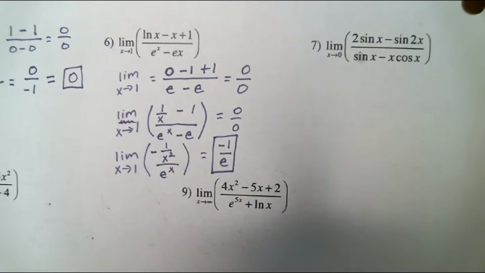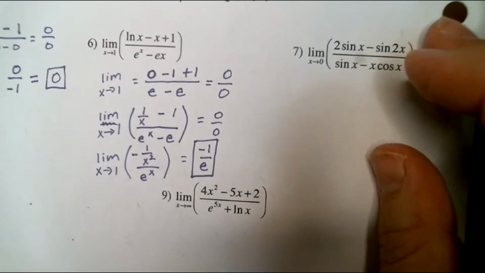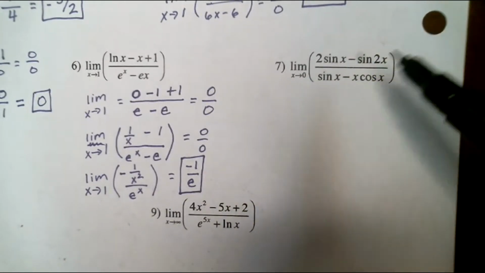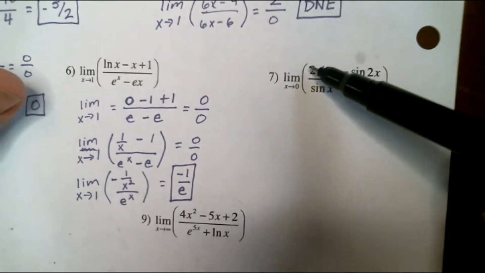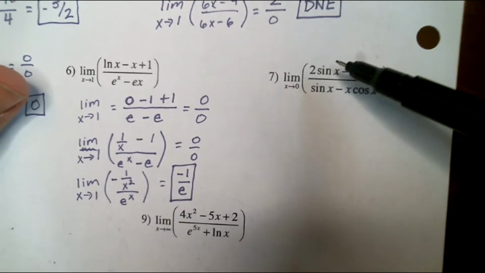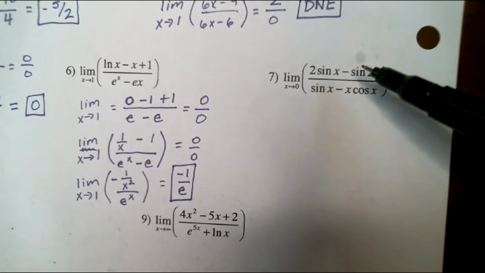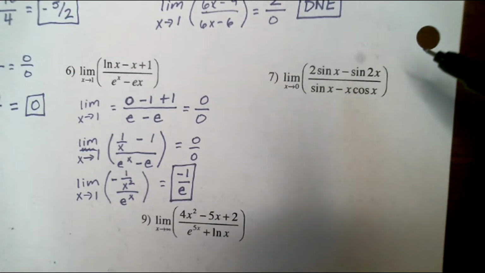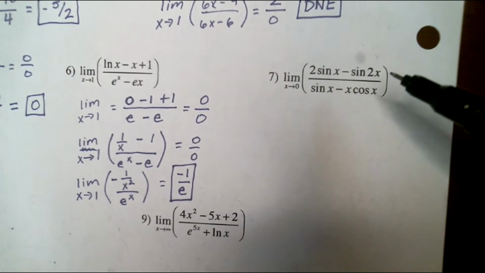Okay. So now let's go to number 7. What's the limit of the function as x goes to 0? You punch in this first one.